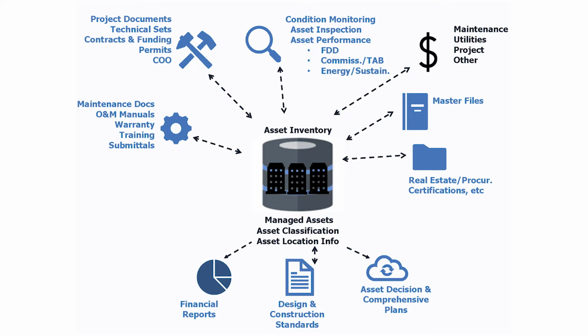We might have some metal roofs on there as well. So each of those individual roofs, do we track those separately? Do we track that as one? How are we going to track that? And is that the same in our maintenance system as it is in our project management system, as it is in our asset system?